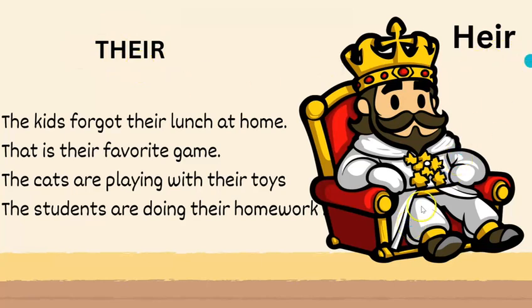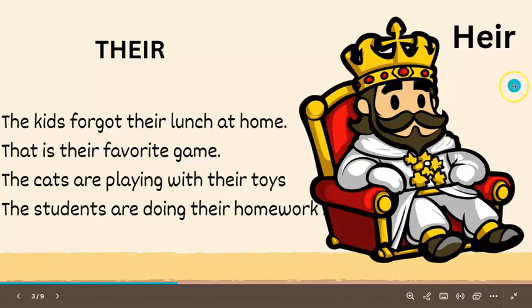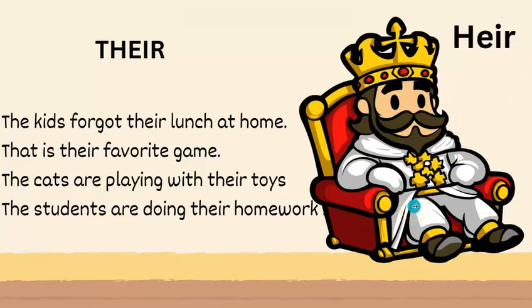He's the heir to the throne, means he's the owner of the throne. Do you understand? Or he's the next one. The heir to the throne simply means that he owns the throne, but it is not yet time for him to sit on the throne. Now, whenever you are confused on how to use this particular one, just take out the T. Heir means what? The owner.